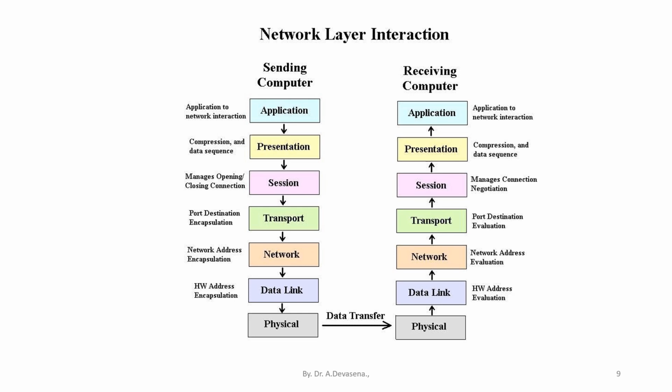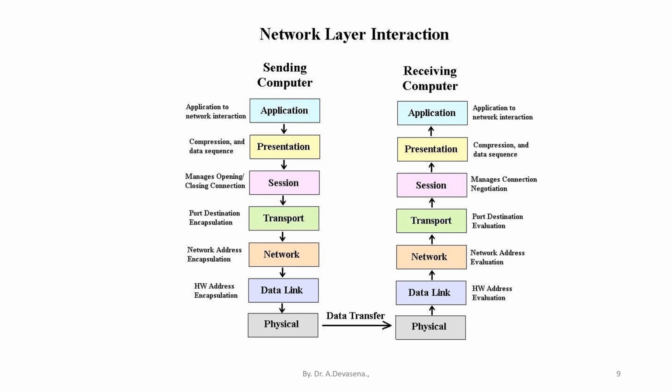Now we will see the receiving computer side. In the receiving computer, the data transferred from the sending computer is received in the physical layer. The data link layer evaluates the HW address. Then the network layer performs network address evaluation.